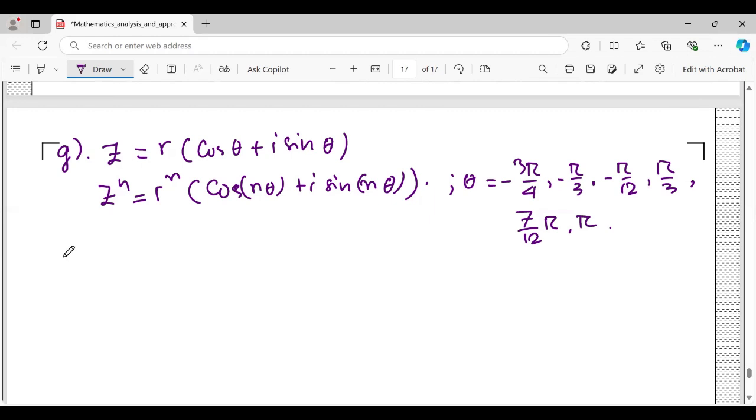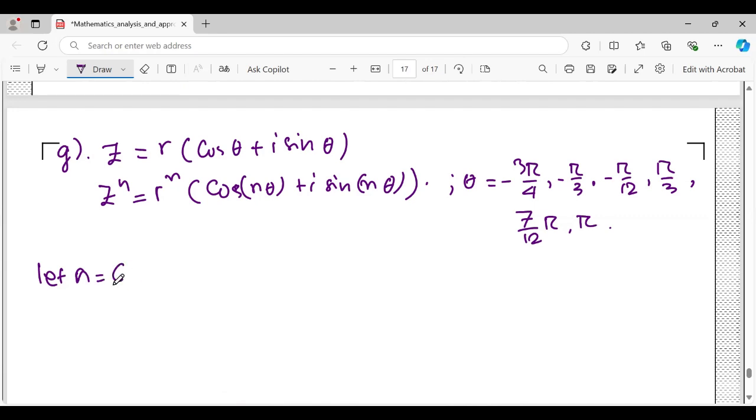Now let's recheck one by one. We have to find the result a multiple of 2 pi. I'm going to start if n equals 6.